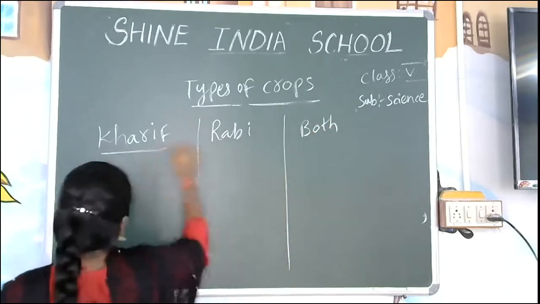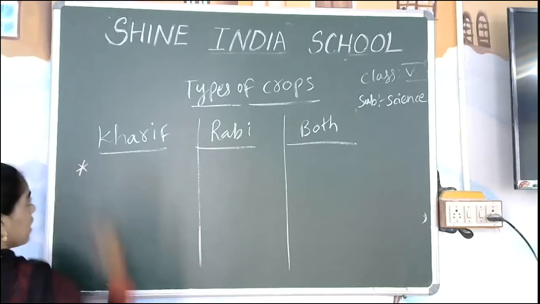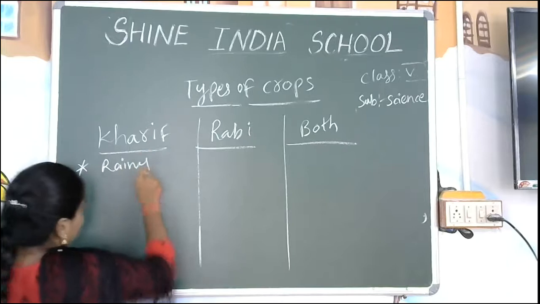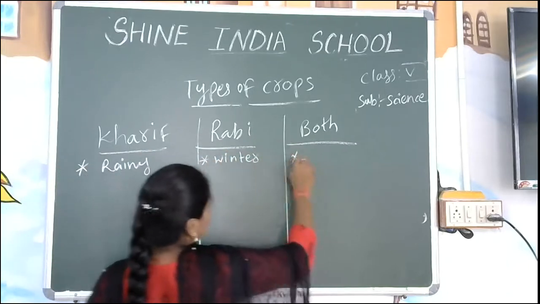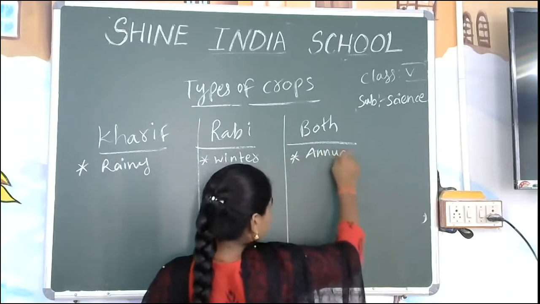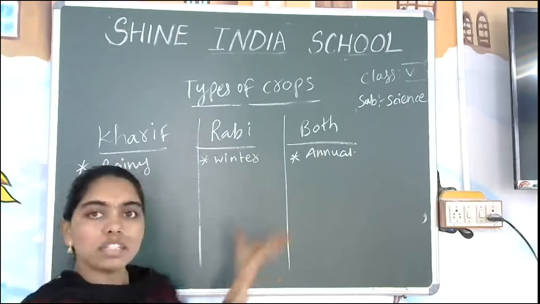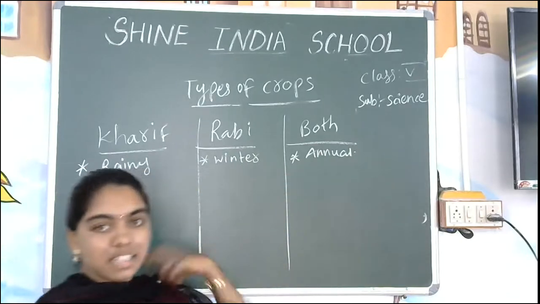Now we are going to discuss the examples. It will be started in the rainy season, here winter, annual. You can say annual. Why have I written annual here? You can cultivate this type of crops like jowar either in the winter or in the rainy season.